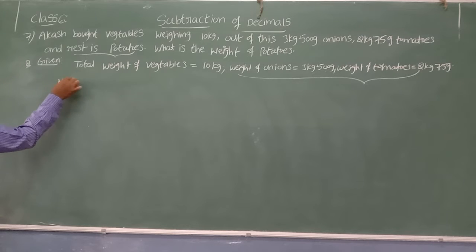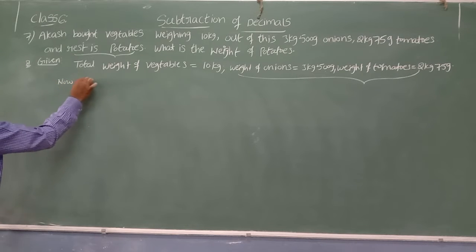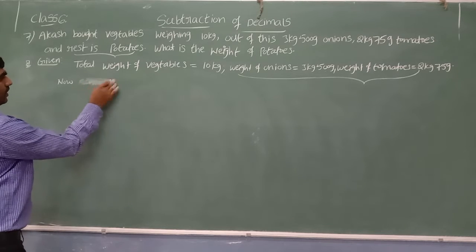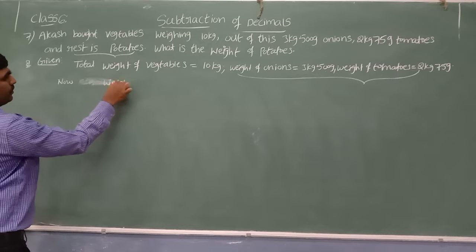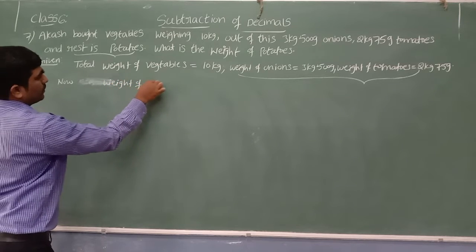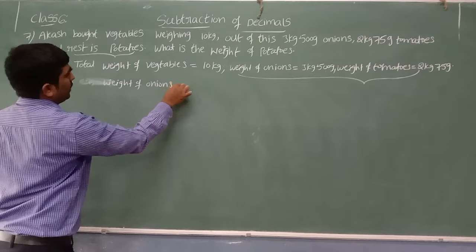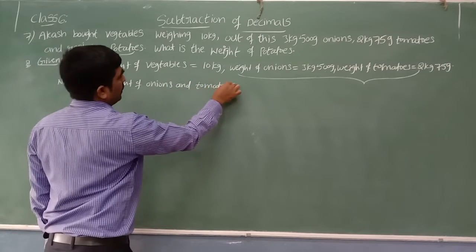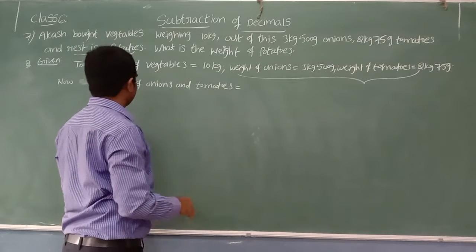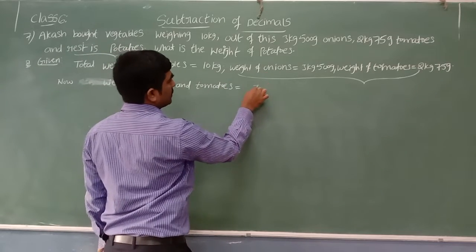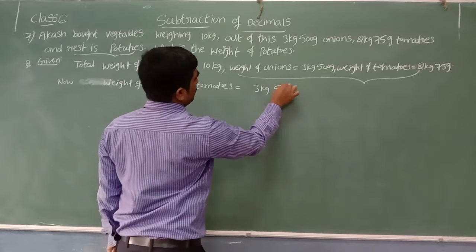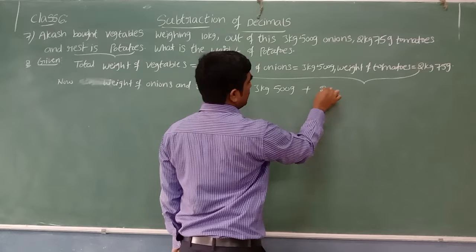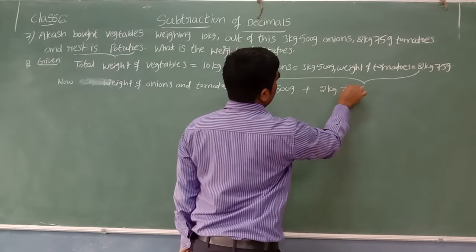Now, the weight of onions and tomatoes is equal to onion weight 3 kg 500 grams plus tomato weight 2 kg 75 grams.